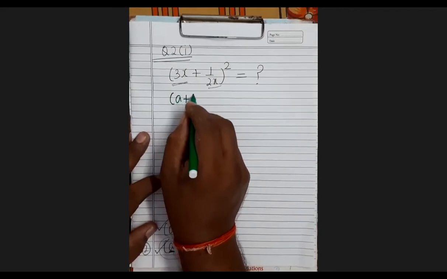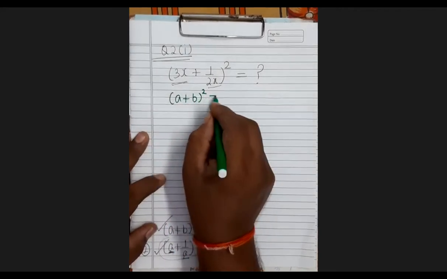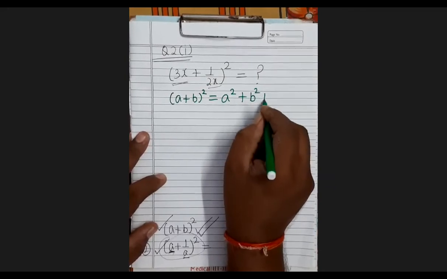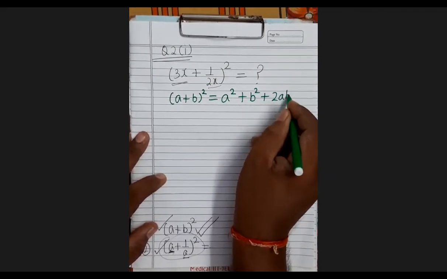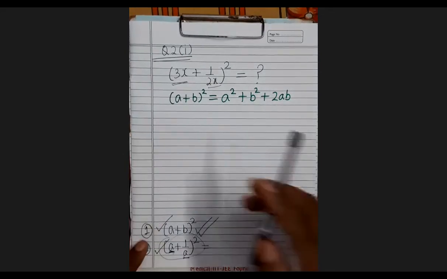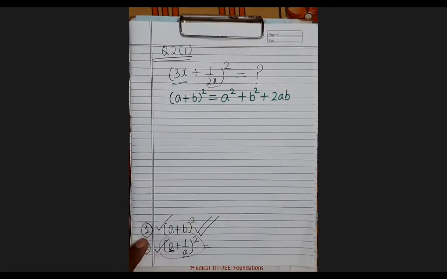A plus B whole square equals A square plus B square plus 2AB. Now first thing, what is in place of A here? Swastika. Sir, 3x square.